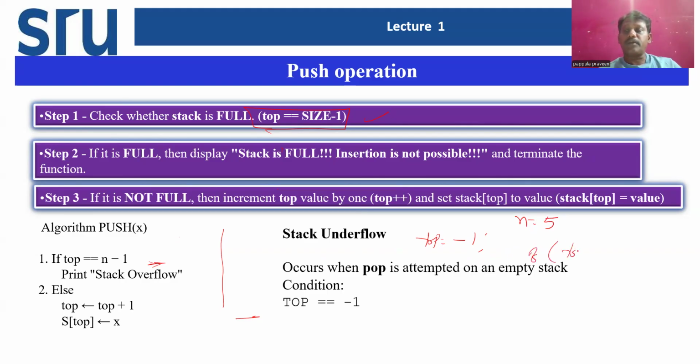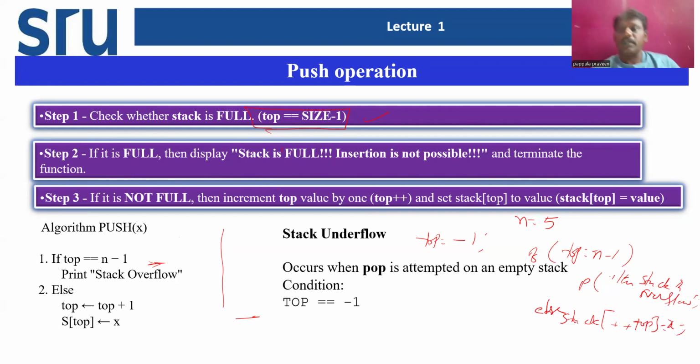If top equal to n minus 1, printf, the stack is full or overflow. Else condition, right? Now this is the variable stack of plus plus top equal to x.